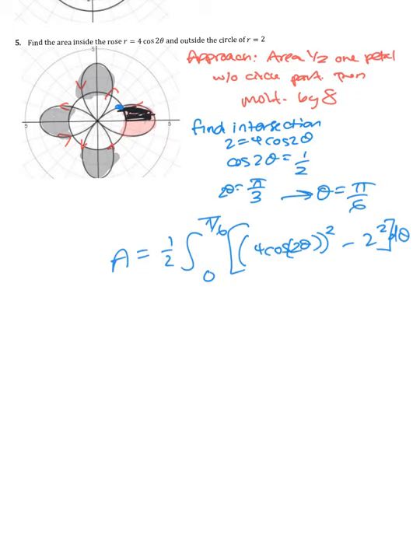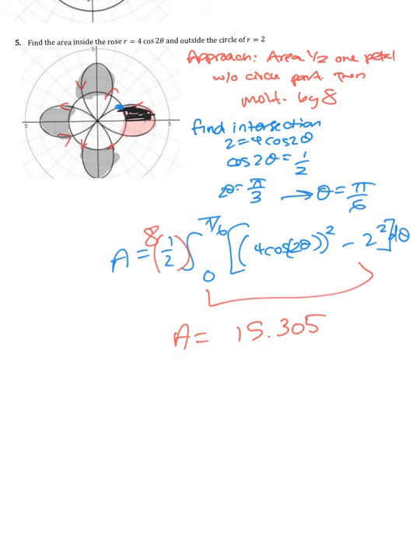And then we want to take that entire area and multiply it by 8 to give us all 4 petals, since this area is really only half of one of the 4 petals. So go ahead and grab a calculator, type that integral in. You should end up getting that this area is 15.305.